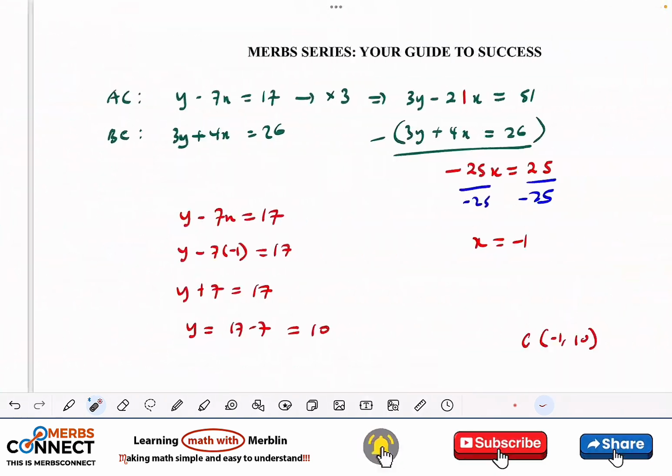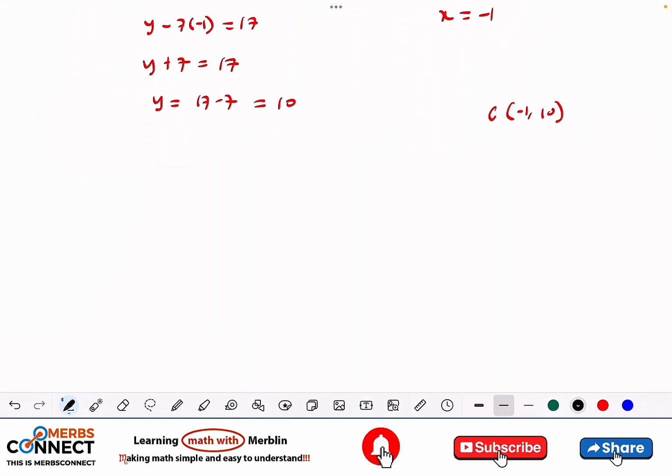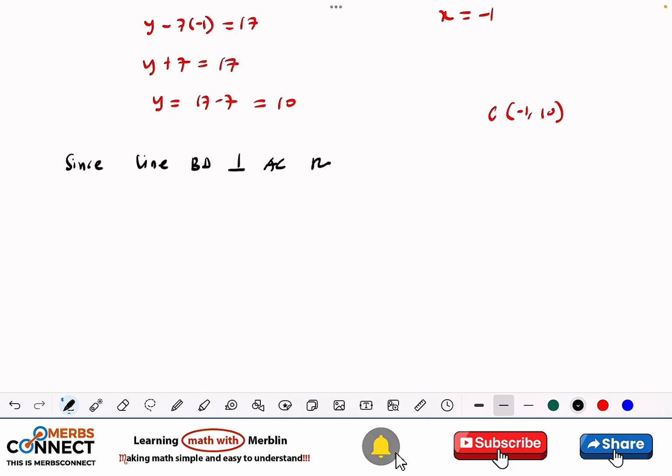So now let's find the slope of BD. So we are saying that since line BD is perpendicular to line AC, then the slope of BD is equal to minus 1 over M1.